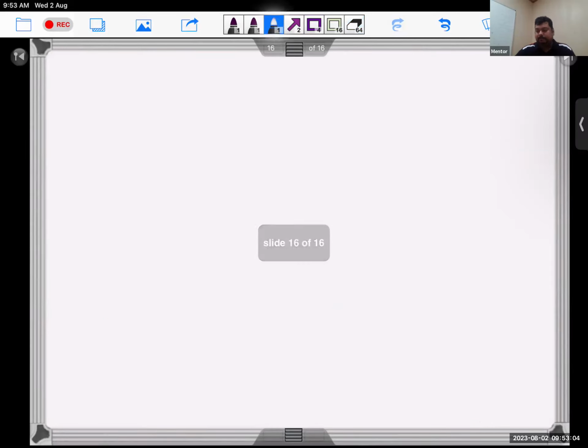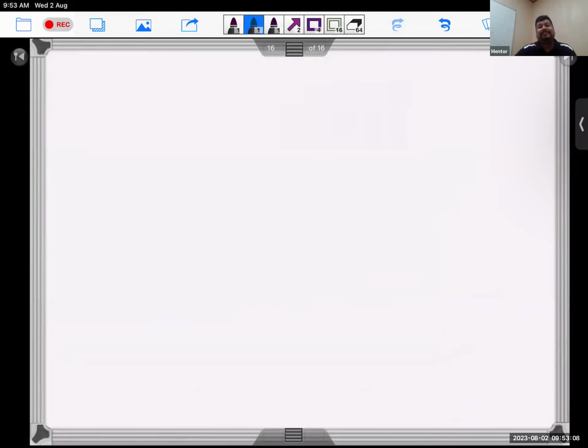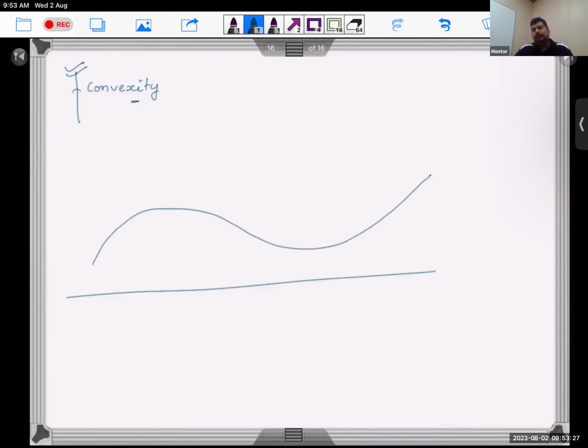One more thing. Now we need to understand one more concept, which is called convexity. This is perhaps the most important aspect in ML, I would say, from the perspective of theory. That's my opinion. Now, let's say if I give you this function, is this function differentiable?